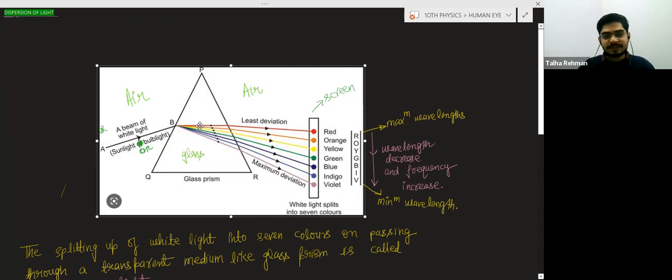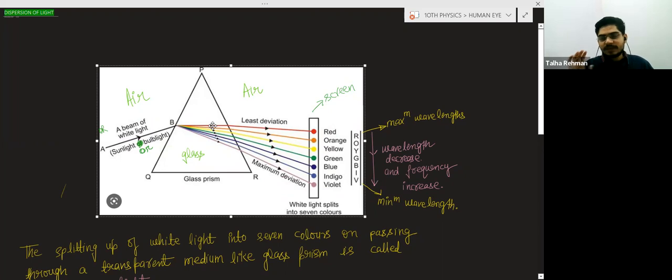This red color is traveling in the glass, and this orange color is also traveling in the glass. And we know that the speed of light is different in the same medium for different wavelengths. Means for different colors, the wavelength is different.